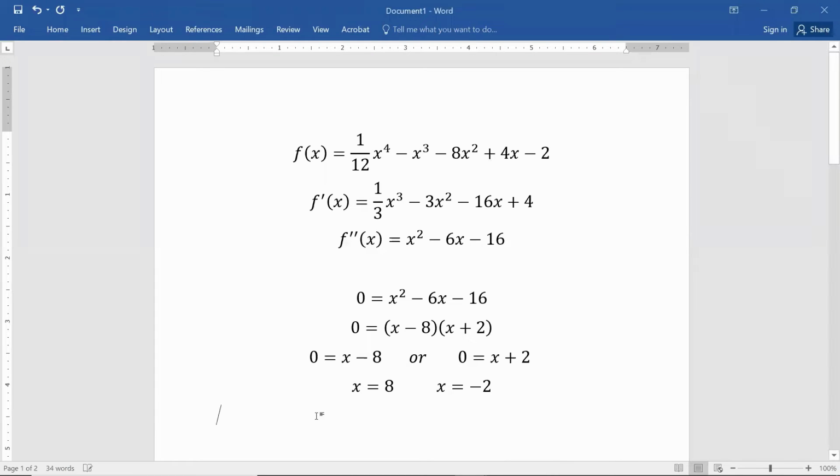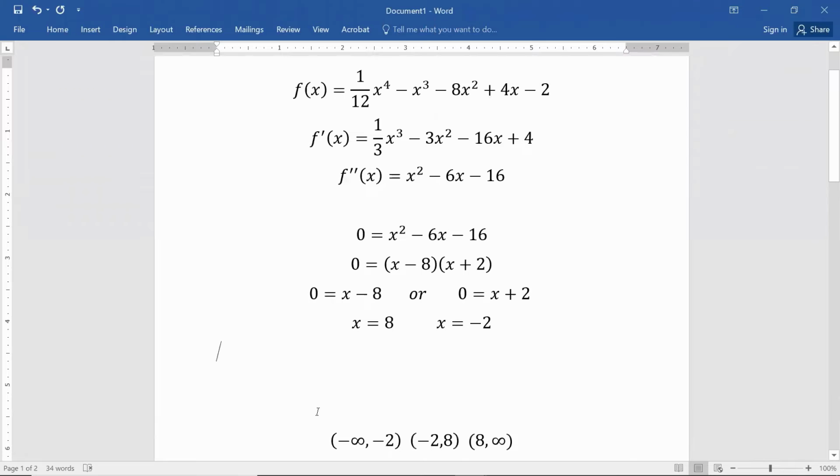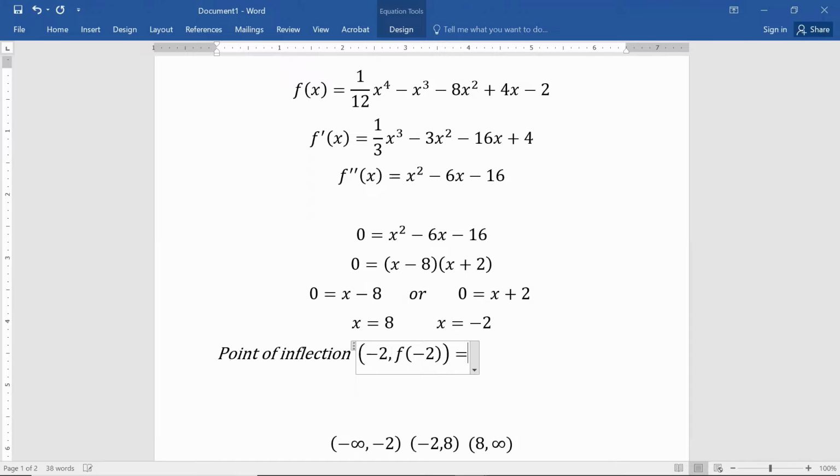When I plugged in the value of -2, -2 comma f of -2, I ended up with -2, and the y value was -32 and 2/3.